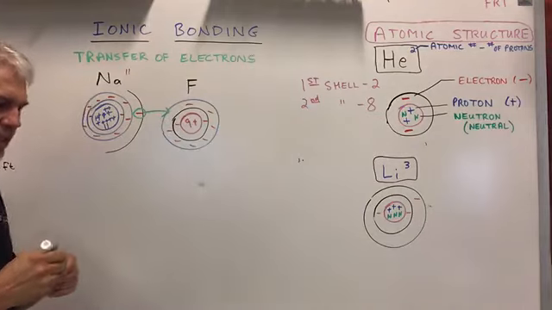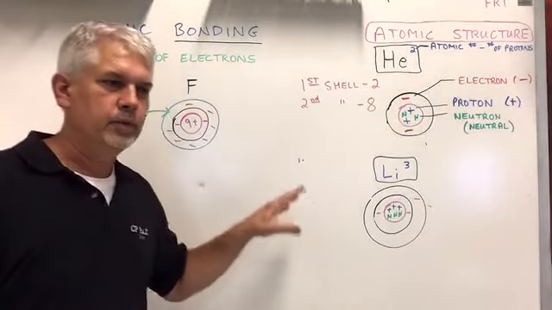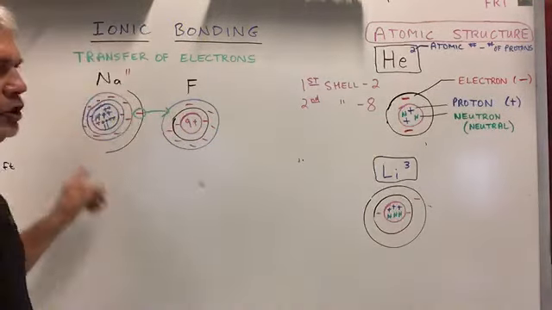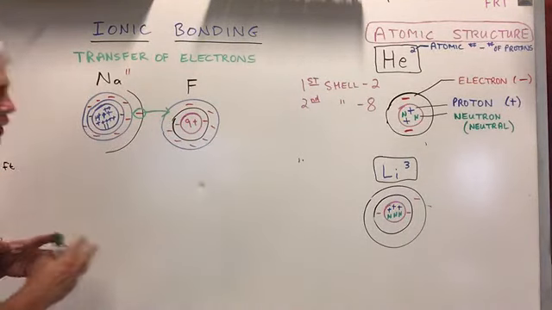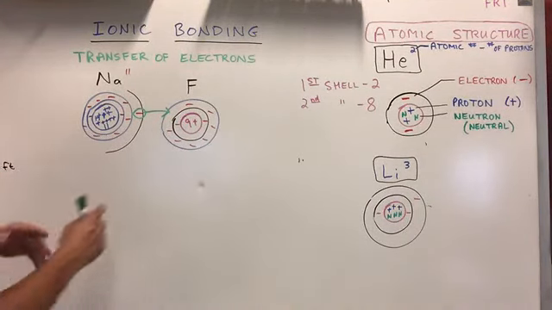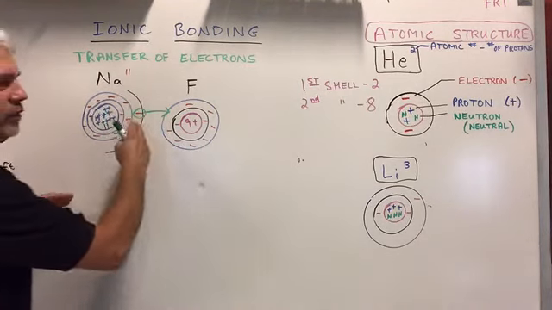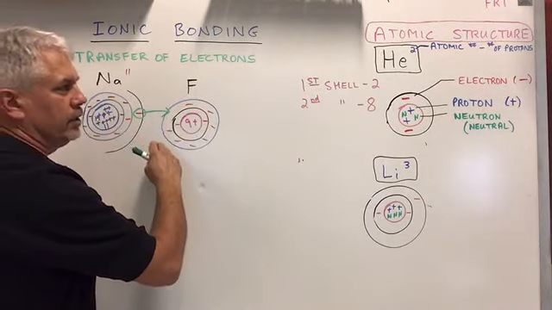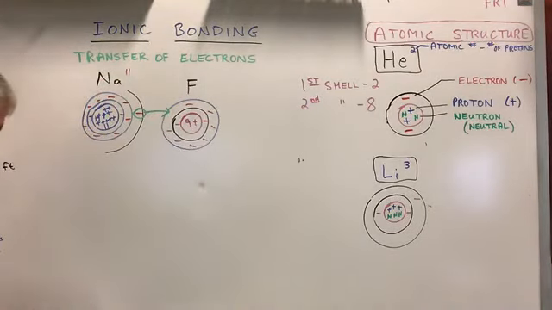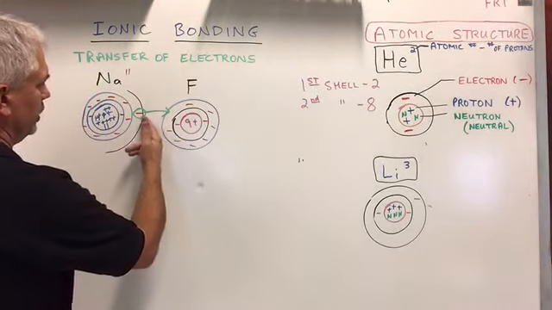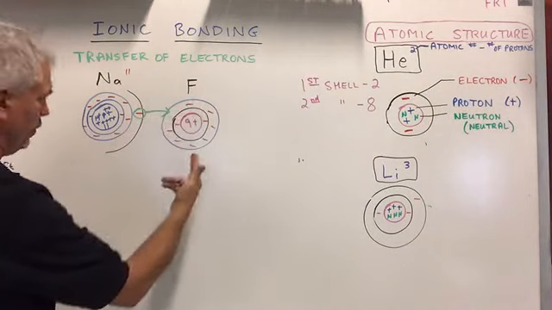Remember, the rule is that all of the elements want to be full in their outer shell. And so they make adjustments according to the electron configuration, getting rid of, or that is transferring electrons to some other element, or gaining electrons from some other element, as the fluorine does.